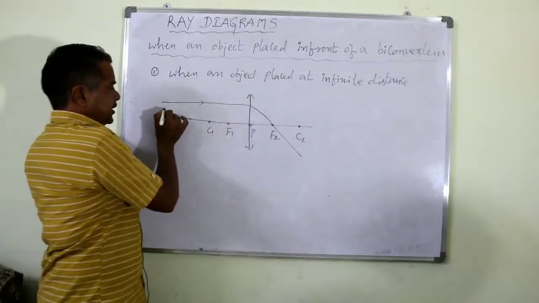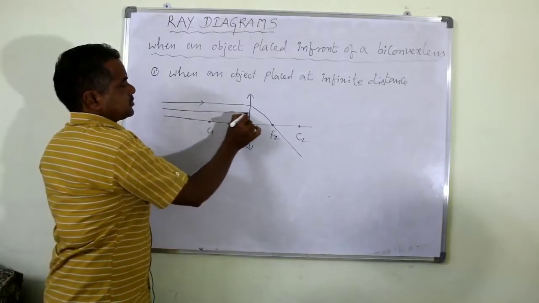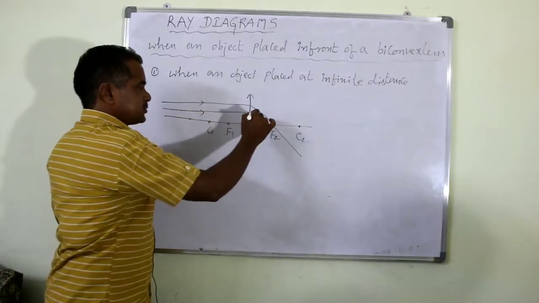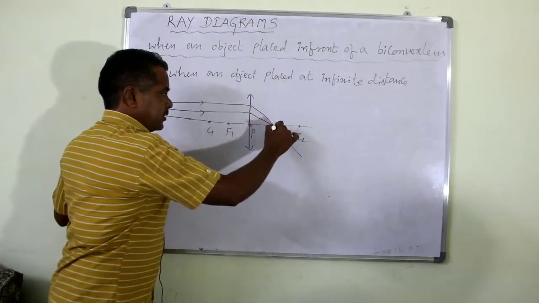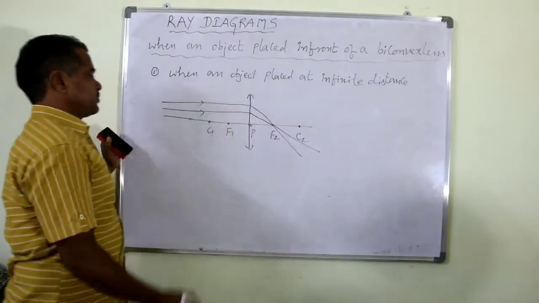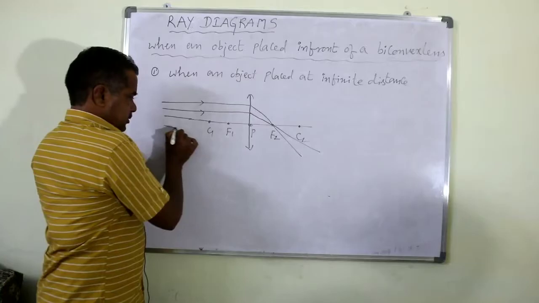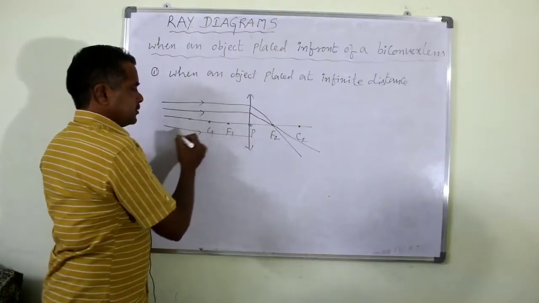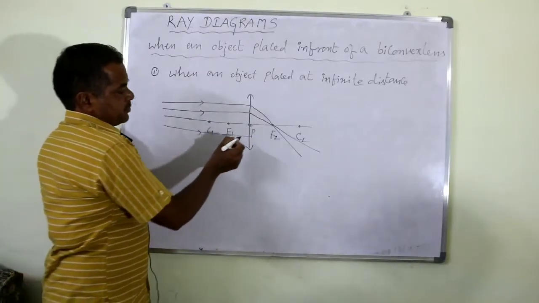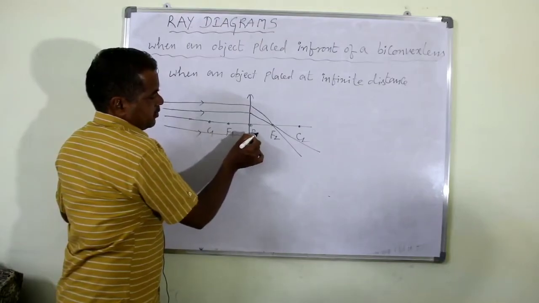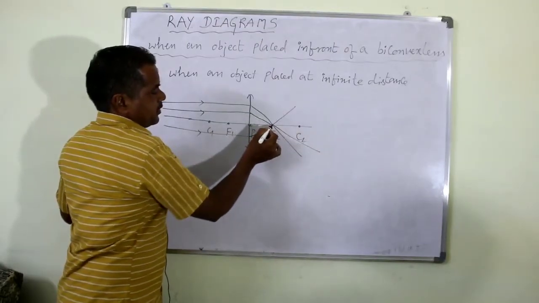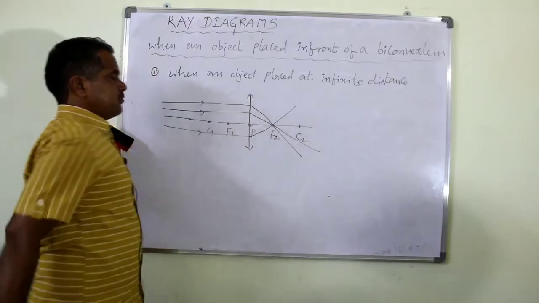Take one more light ray which travels parallel to the principal axis, the corresponding refracted ray also passes through the focus point.